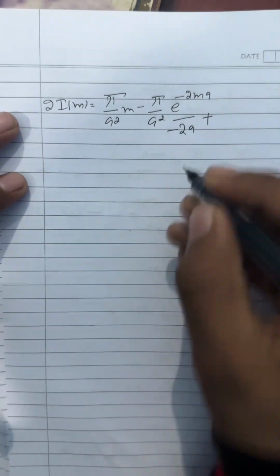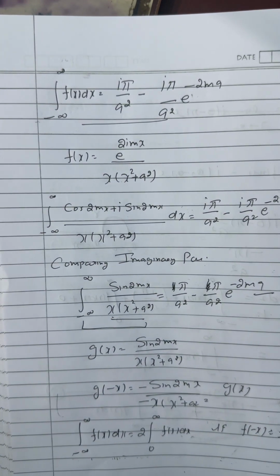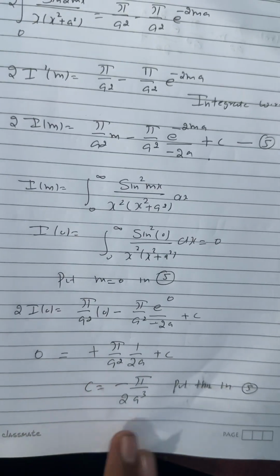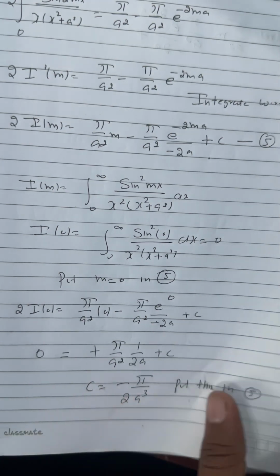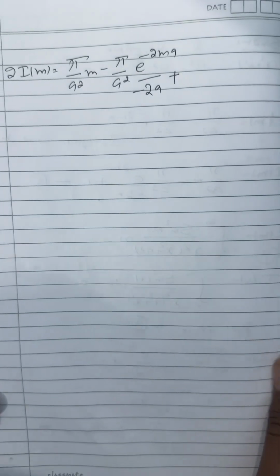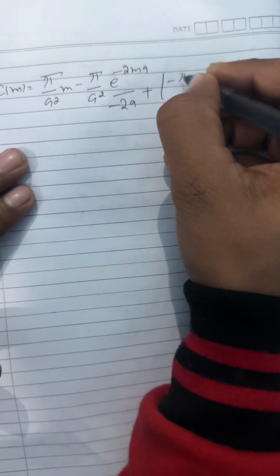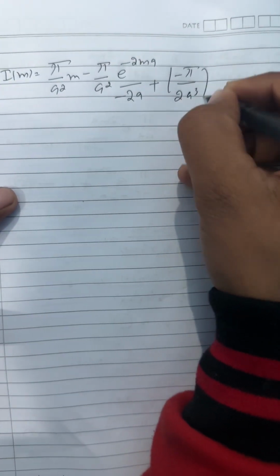That is plus, it is minus, sorry, the value of c is minus. I have made a mistake. So here we get a minus sign. I forgot to put the minus sign, so sorry for that. So let's put the value of c, that is minus pi by 2 times a cube.